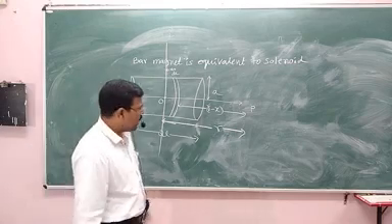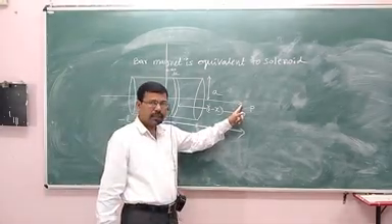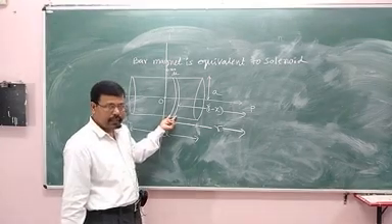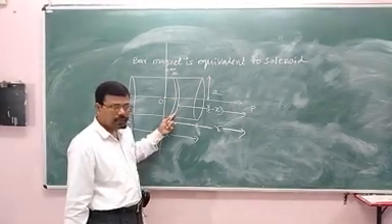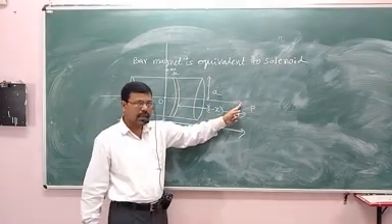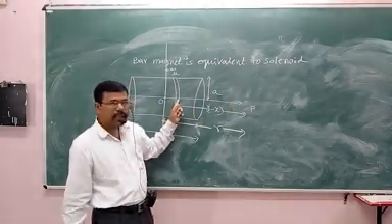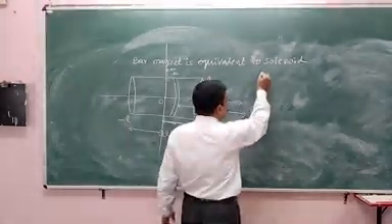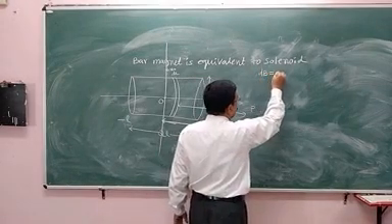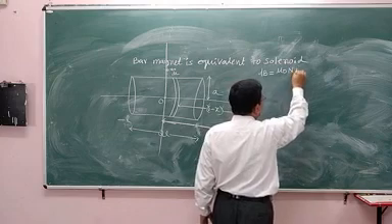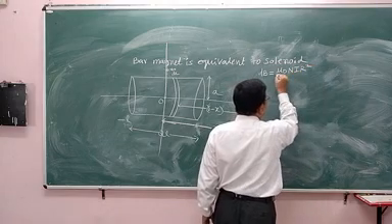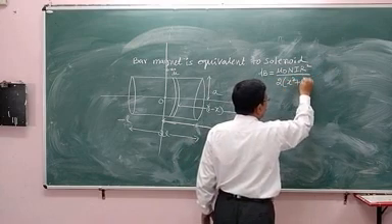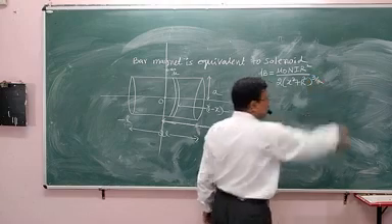As we know, this element behaves like a current carrying coil. The magnetic field at a point on the axis of a current carrying circular coil is given by dB equal to mu naught N I r square divided by 2 times x square plus r square raised to 3 by 2.